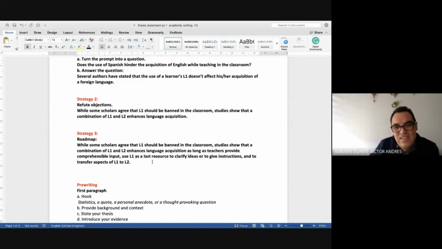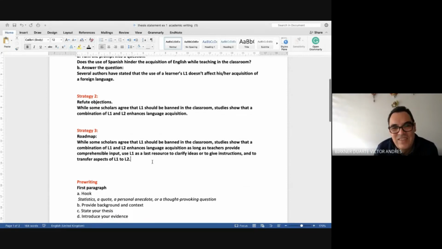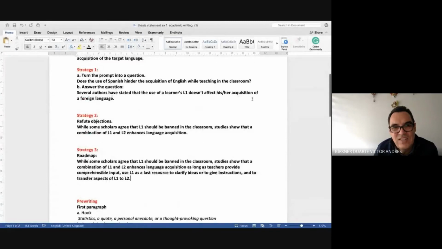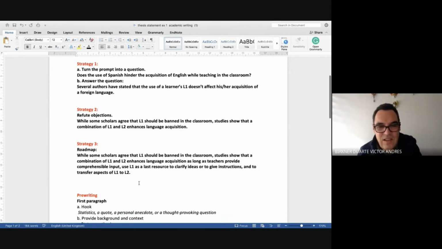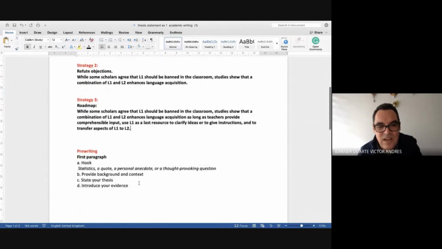In that way, the reader will know immediately that you're going to be speaking about these three main aspects, all right? It's different from here because here the reader doesn't know what the rest of the essay will be about. Probably there is a big focus, but here the focus is more narrowed.